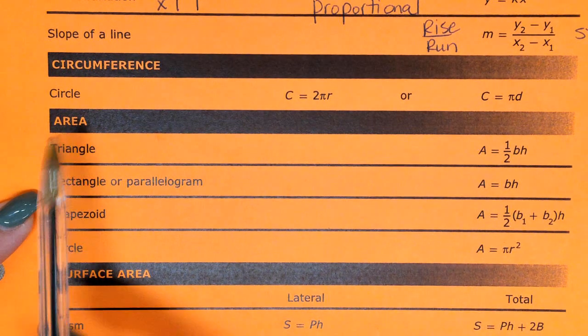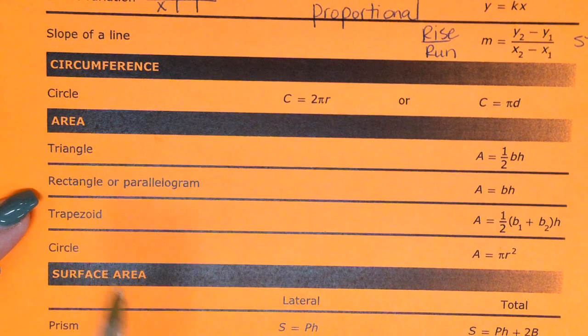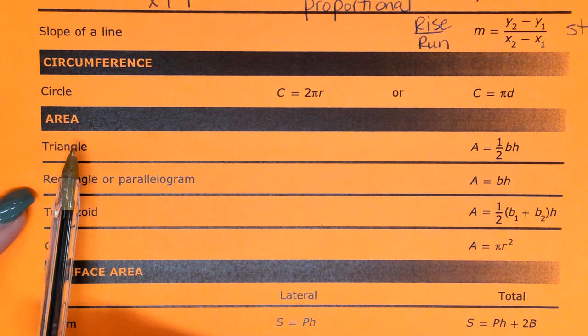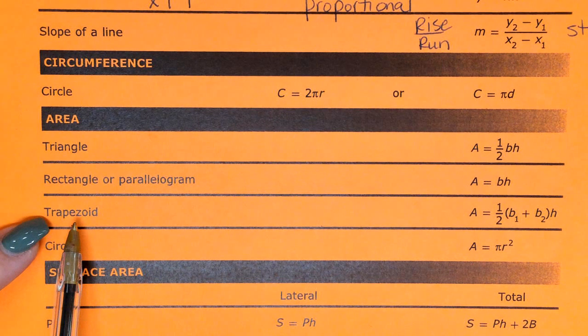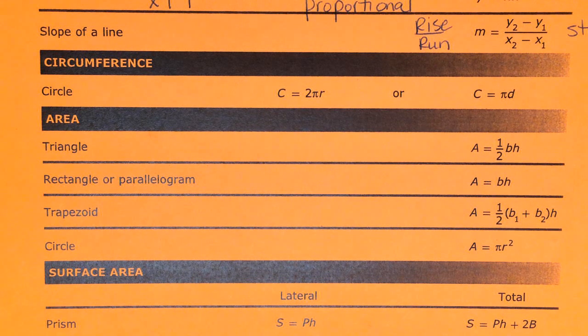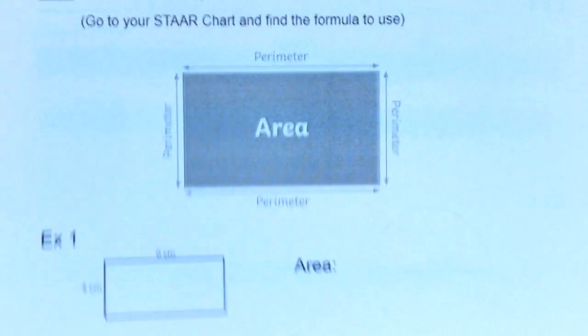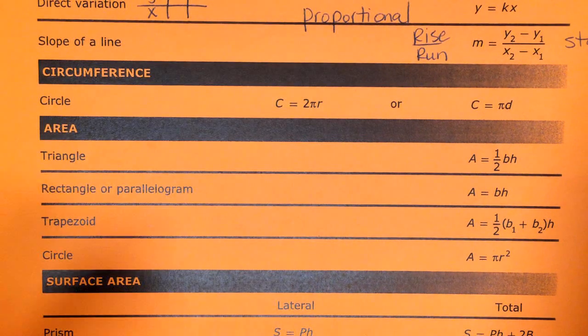Area is what we're going to cover today. So we're going to do triangles, rectangles, and circles. They put trapezoids on here, and I do not know why because it's not in our TEKS for 8th grade, but it's there if you need it. And we'll go over it just in case they try to throw that to you on the STAR test, okay? But let's go to our notes now. But you need to keep this by you because we need these formulas today.